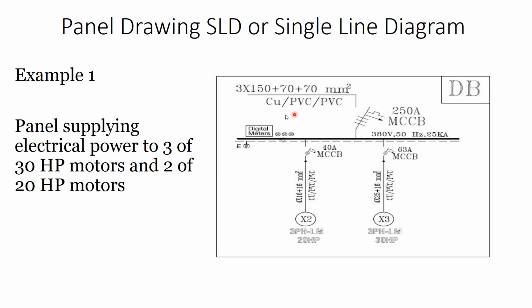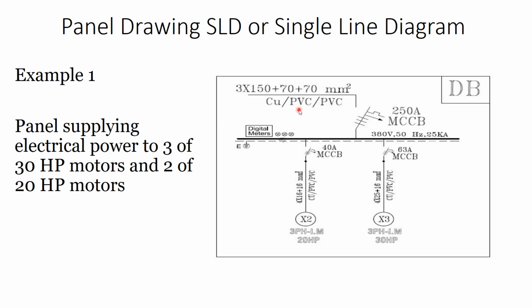What does this mean? It means that the copper is the material of the conductor, PVC is the material of the insulation of the cable, and the second PVC is the outer sheath of the cable. So we have conductor, insulation, outer sheath, which is made of PVC.